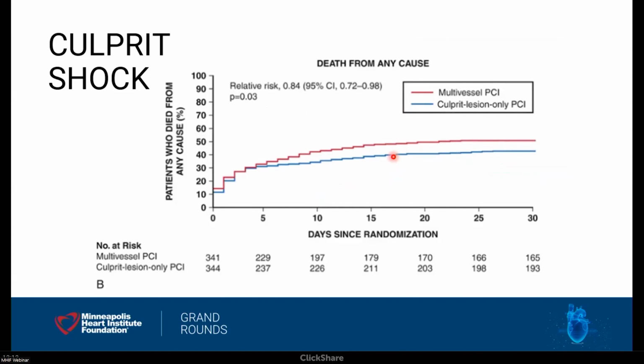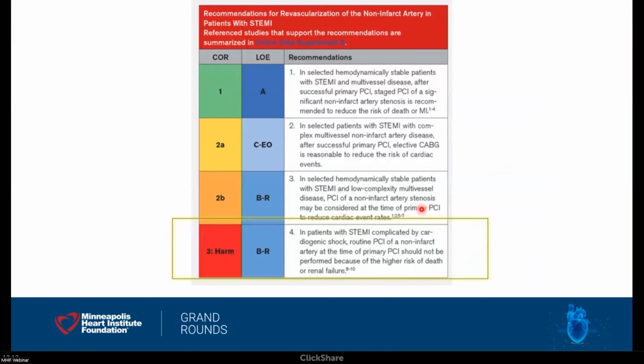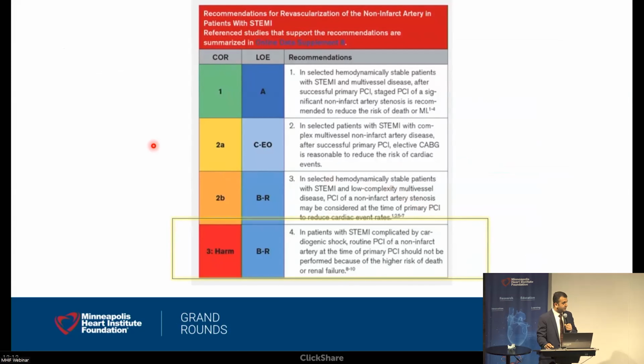As you can see, the blue line is the culprit lesion PCI versus multivessel PCI, and the same for renal replacement therapy. Based on this trial, the current guidelines do not recommend multivessel PCI in cardiogenic shock patients and label it as harm. So we are not supposed to do it.